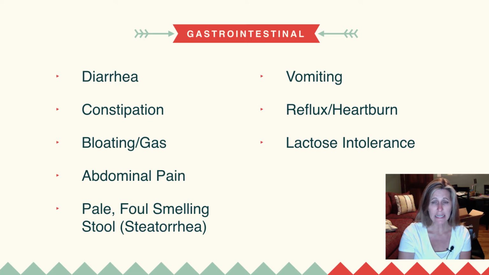Lactose intolerance. This is another one that I had that I never would have thought was related to gluten, for as long as I could remember, since like high school. Anytime I would eat ice cream or have any kind of milk product, it would give me really bad stomach cramps, and I'd have to run to the restroom within 10 or 15 minutes of eating it. And once I went gluten-free, that problem with lactose went away 100%.